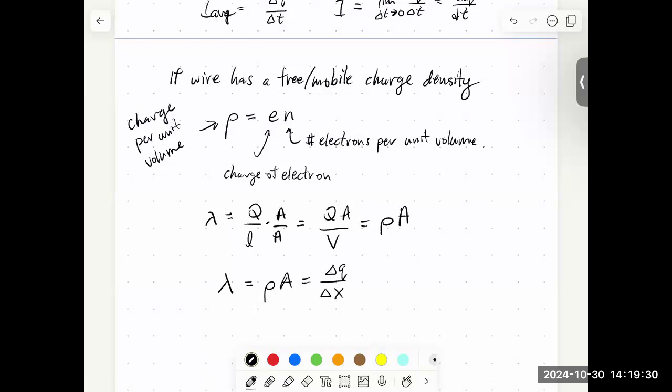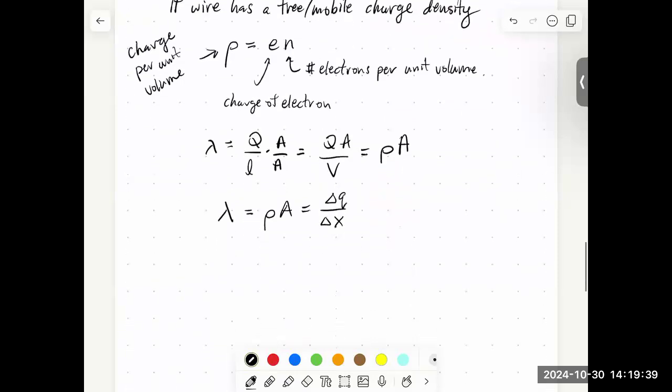Okay. Well, what I want to do is write lambda v, lambda times the speed of a charge, is going to be equal to what? Delta Q over delta x times, and what's another way of writing the speed? It's the displacement, delta x, divided by delta t.